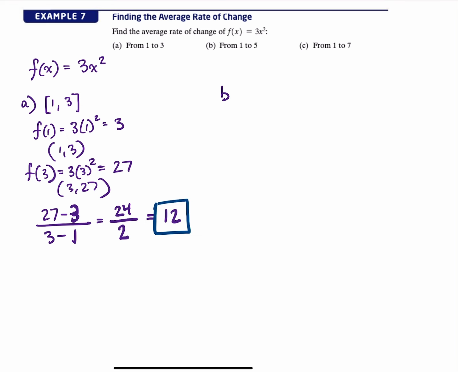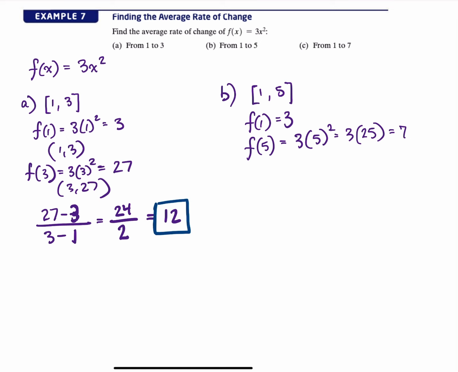Let's look at b. We'll do the same thing, but from 1 to 5. So earlier, we already found f of 1. Said that was 3. f of 5 would be 3 times 5 squared. So 3 times 25, which is 75. So let's do f of 5 minus f of 1.